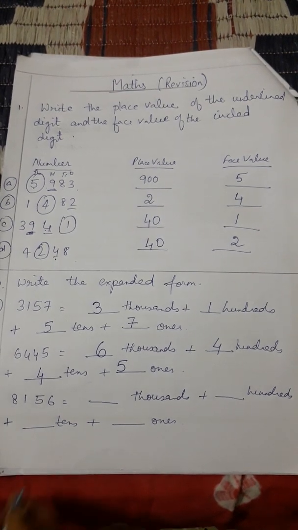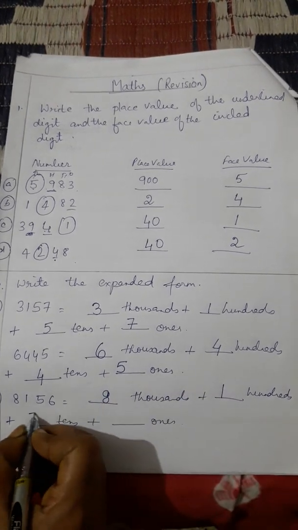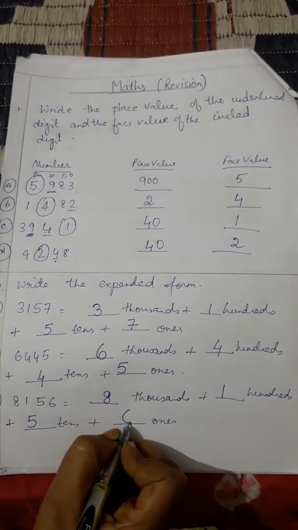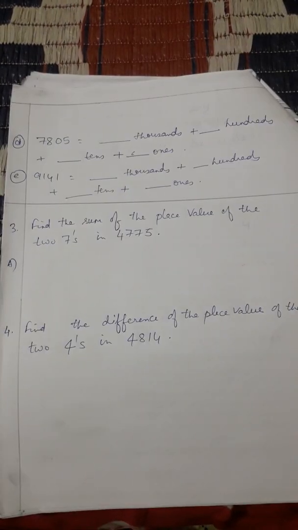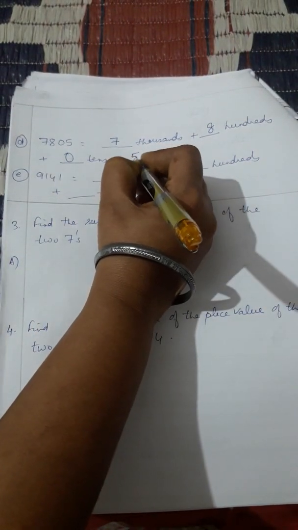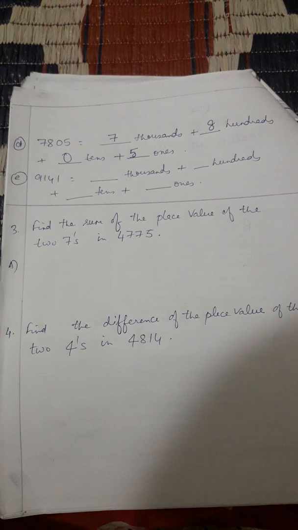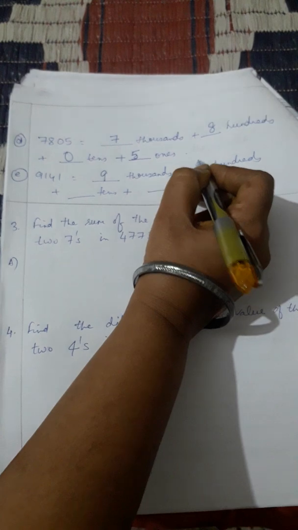Next, 8 hundreds 5 tens 6 ones. Next, 7 hundreds 0 tens 5 ones. Next, 9 hundreds 4 tens 1 one.